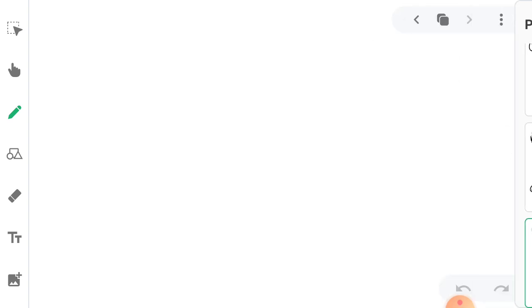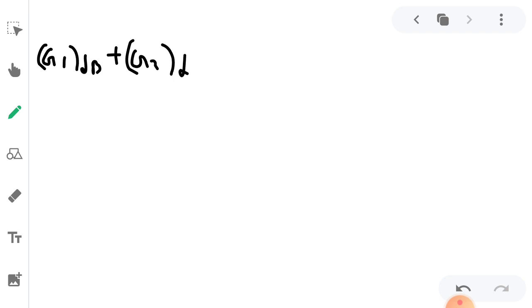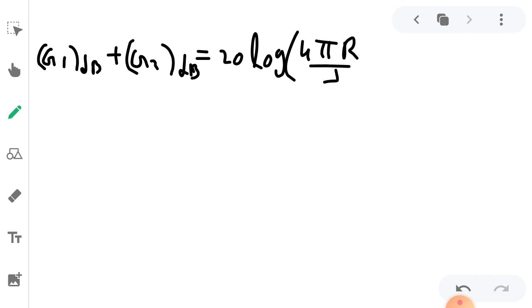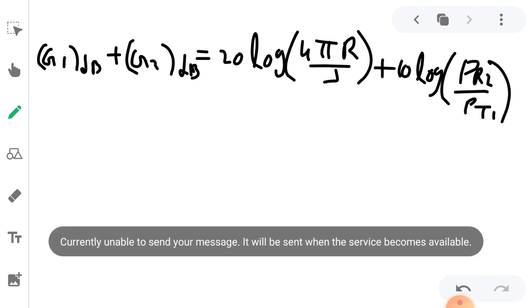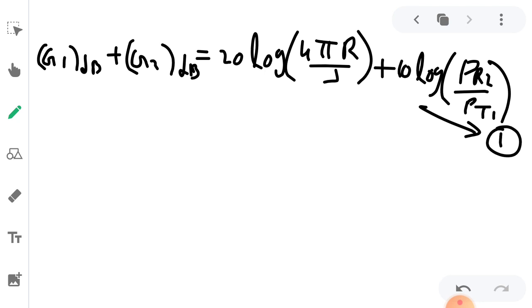I will write it here again: G1 in decibels plus G2 in decibels, for antennas 1 and 2, one is the transmitter, another is the receiver antenna, is equal to 20 log of 4 pi r by lambda, plus 10 log of PR2 by PT1. So this we consider as equation 1.